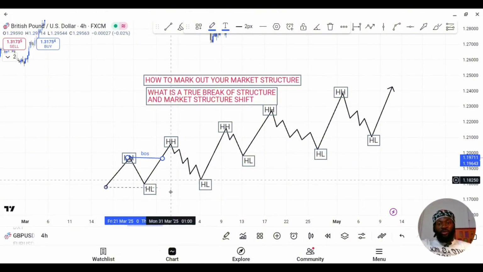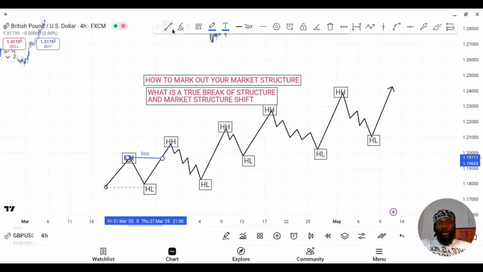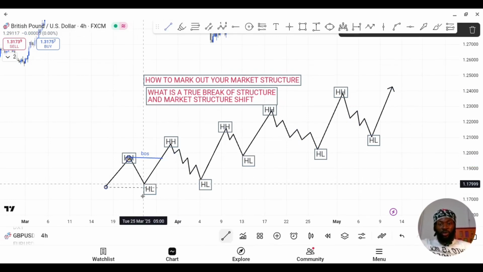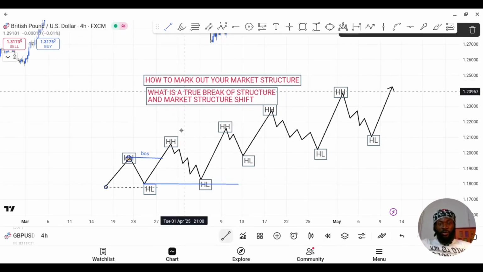So what we now do again is mark our last previous low, which is this higher low. We marked it again. Pay attention, please. Then we also mark our higher high.